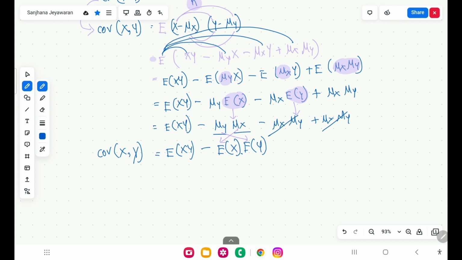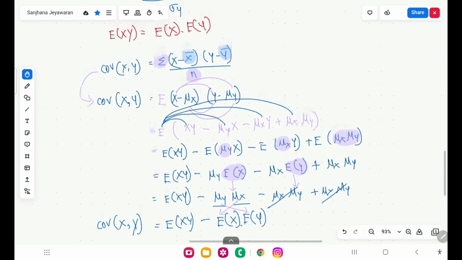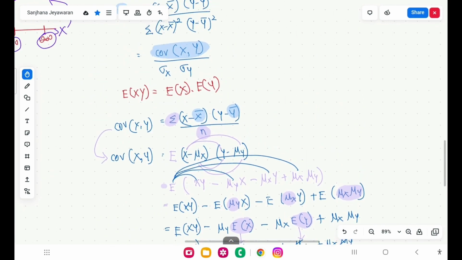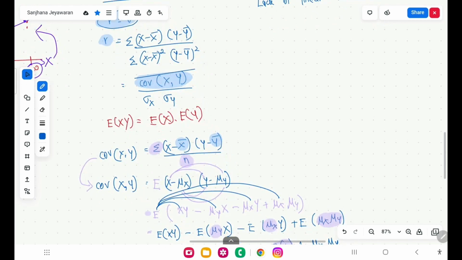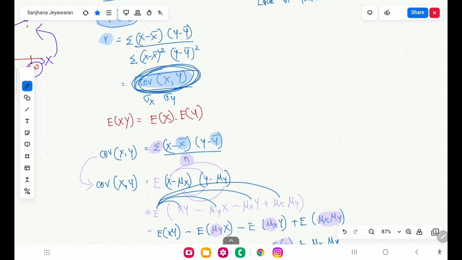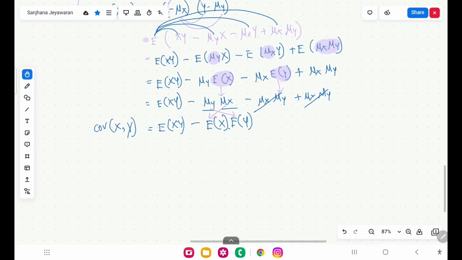Okay. So since x and y are uncorrelated, we said that covariance of x comma y, where did we say? When we prove that this part is equal to 0, it means it's uncorrelated. Yes. So we know that because both these are independent and uncorrelated, covariance of x comma y is equal to 0.